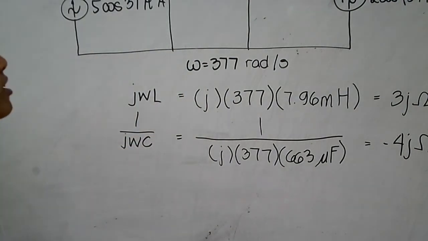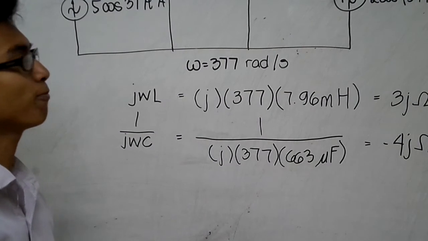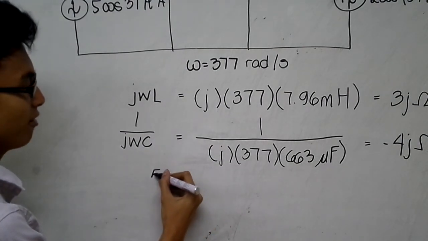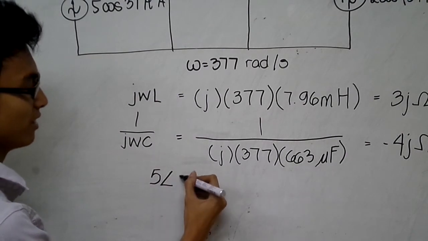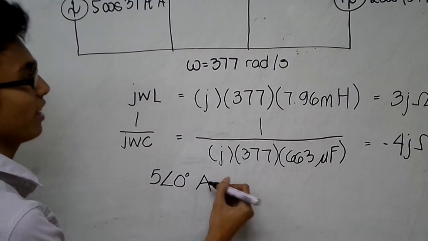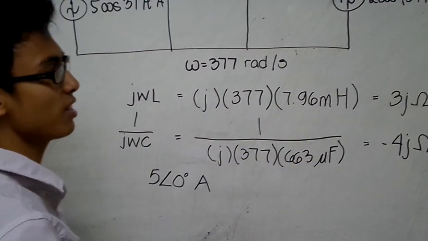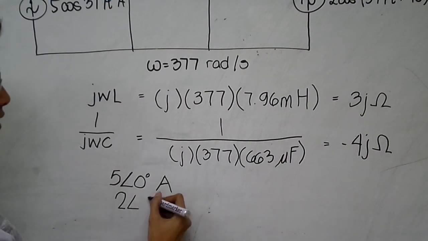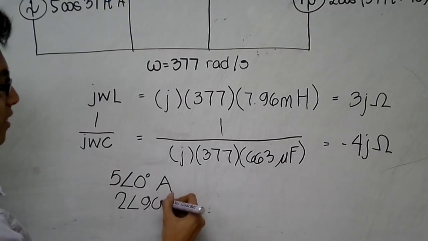Now, we must transform 5 cosine 377t into its phasor form. It is equivalent to 5 angle 0 degrees amperes. And the other current source is equivalent to 2 angle 90 degrees amperes.